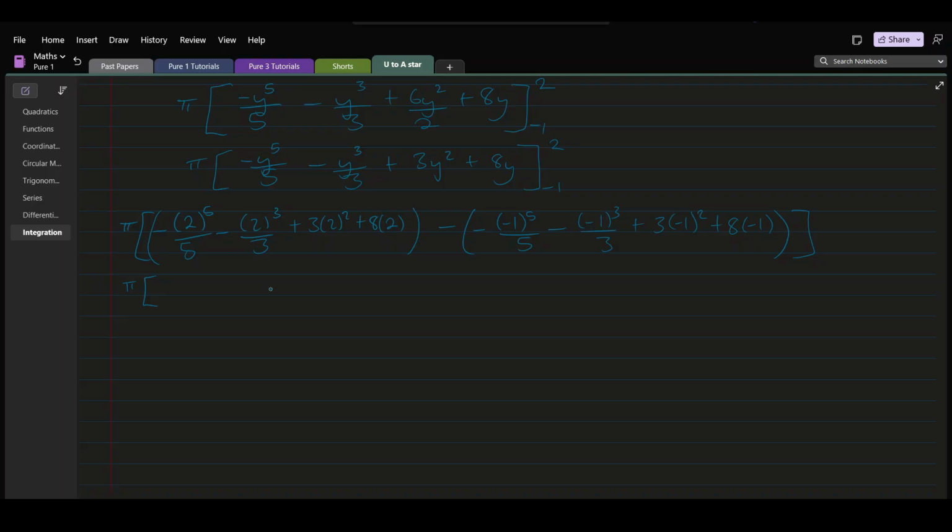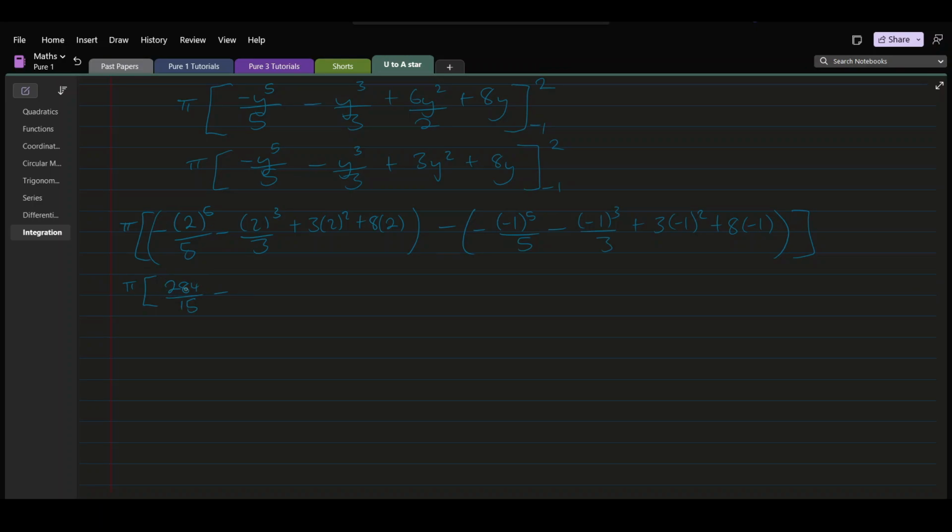Now let's punch the calculation for the upper limit into our calculator. So that's negative 2 to the 5 over 5 minus 2 to the 3 over 3 plus 3 times 2 squared plus 8 times 2, and that gives us 284 over 15. So 284 over 15. Now let's substitute in the lower limit.